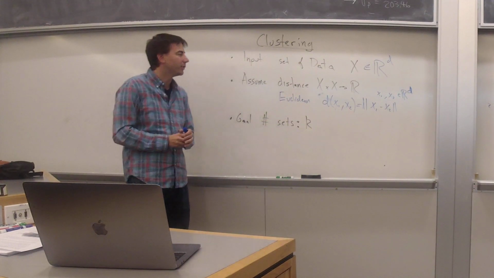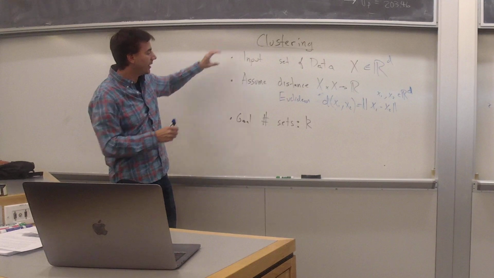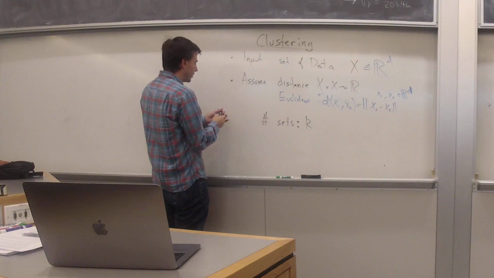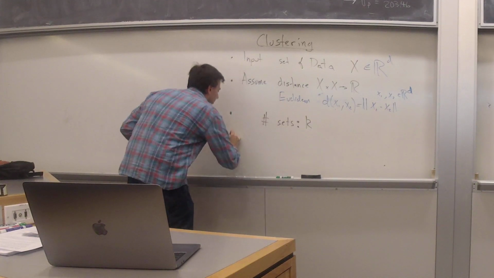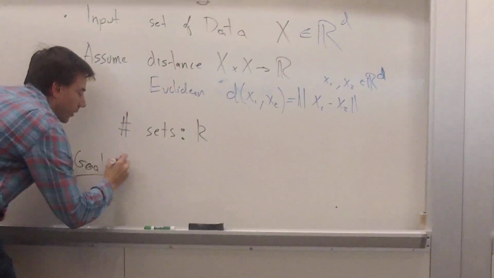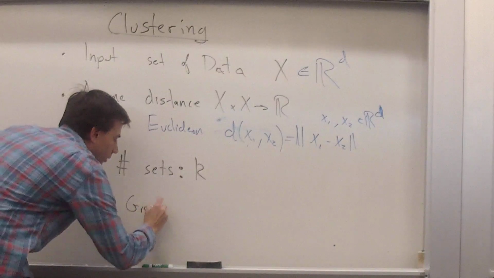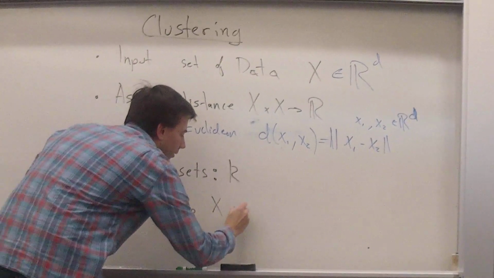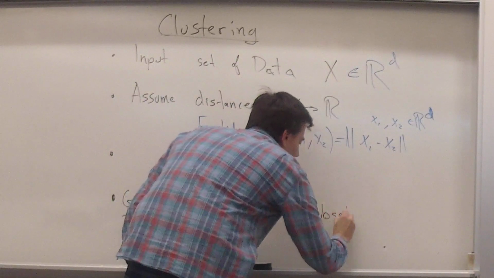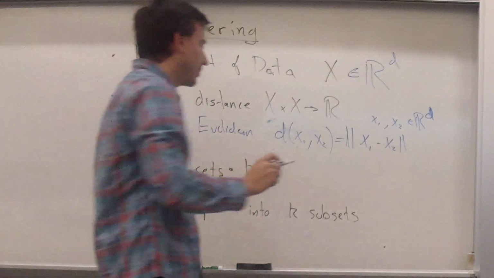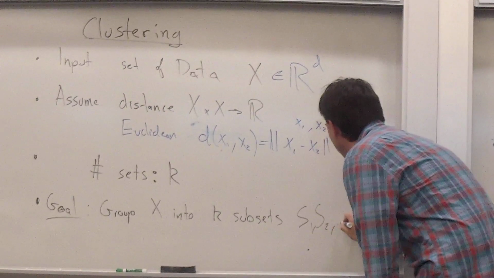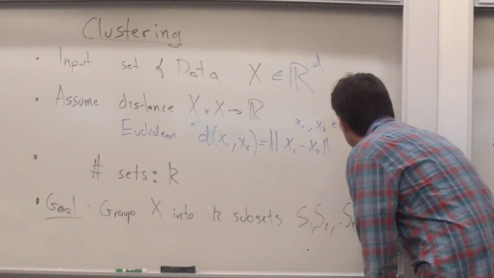But basically, the goal is going to be to group X into k subsets. So I'm going to break this into S1, S2, up to Sk, and these are all going to be subsets of X.